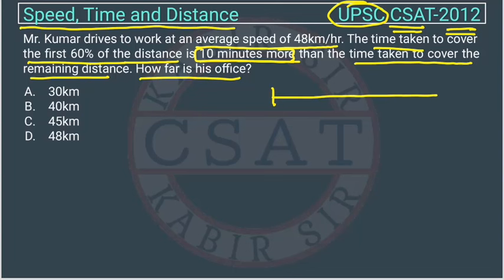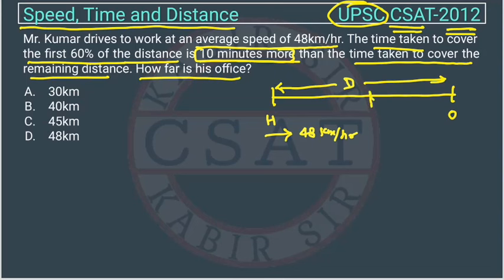Suppose, just draw a line, this is the office and this is home. Mr. Kumar is going from home to office at a speed of 48 km per hour. Suppose the distance from here till here is D. The question is saying that this is the 60% distance, and this will be the remaining 40% distance.